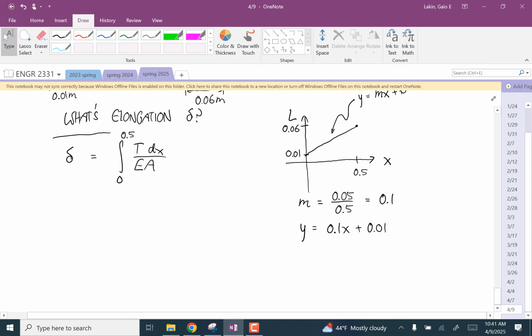And so the area then is, at any given x value, the length squared. Right, that's a square cross section. So this is equal to, I'll pull the 0.1 out and make this x plus 0.1.